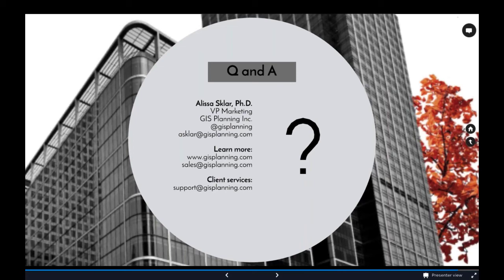Is this technology available to small rural clients of GIS Planning? Absolutely. Google Earth has images for everywhere. It is true that you will find the images in denser urban areas more granular, so you'll be able to zoom in more and get a little bit closer. If you are in a very rural or remote area, that may not be as good. In the US and Canada, it tends to be pretty good.